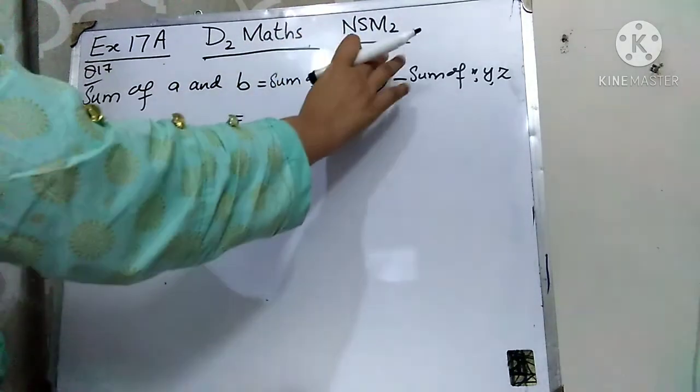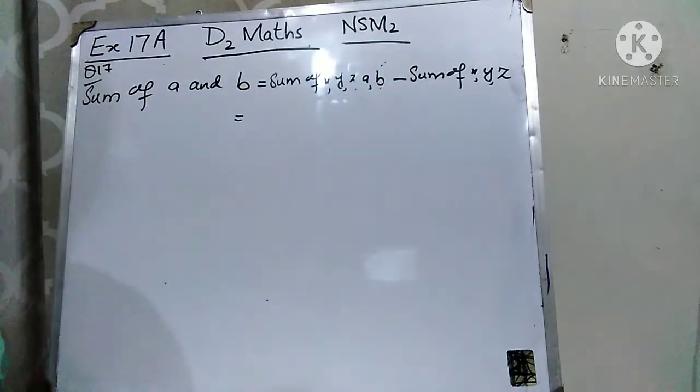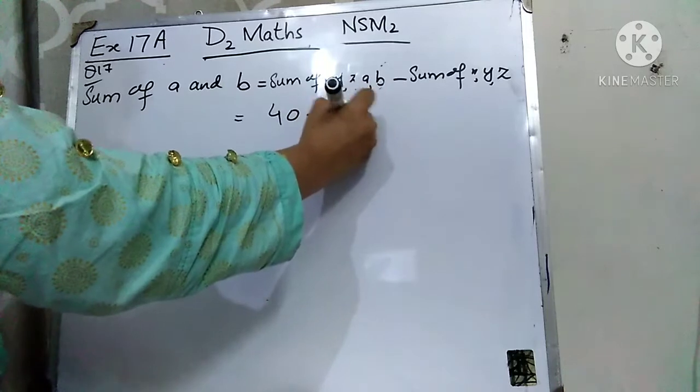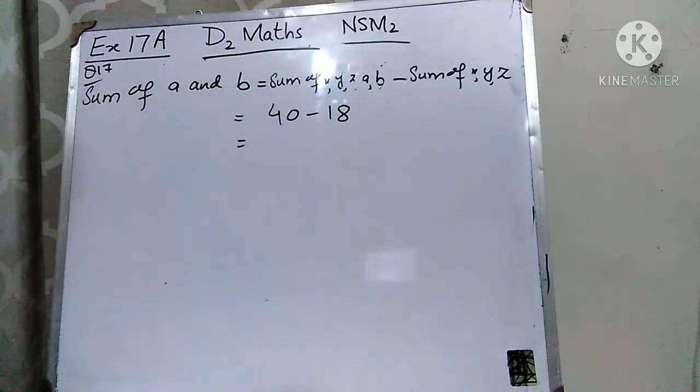You know that the sum of x, y, z, a, b is 40 and the sum of x, y, z is 18. So when I subtract it, I will get the sum of a and b. So 40 minus 18 will be equal to 22, I guess.